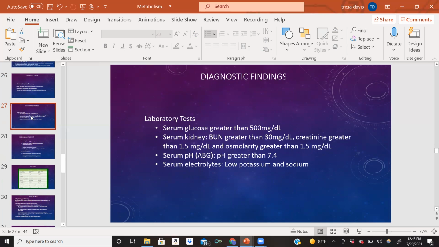Osmolarity also increased, greater than 1.5. Our ABGs, we're looking at our serum pH, going to be greater than 7.4. Serum electrolytes, we're going to see low potassium and low sodium.